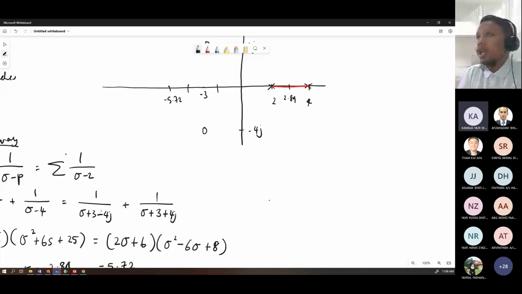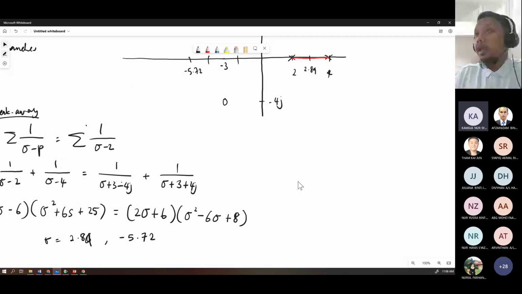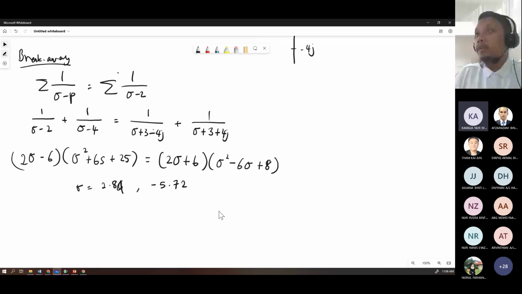Okay, so this point at the end here is not the breakaway point because we know that there is no root locus here. So only 2.89 is the breakaway point. Okay, so we have found the breakaway point.